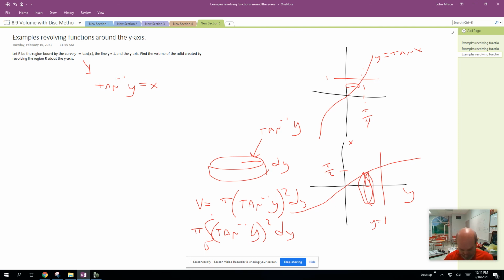I'm going to do math 9, integral from 0 to 1. I'm going to open a new set of parentheses in there because I'm squaring that. I'm going to do second tangent, tangent inverse, and put an x there instead of a y. Close that parentheses, close this parentheses, and then square the tangent inverse of x. Then I'm going to put dx, integrating with respect to x.